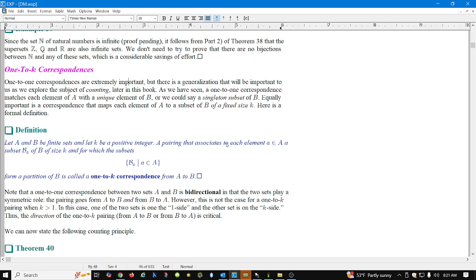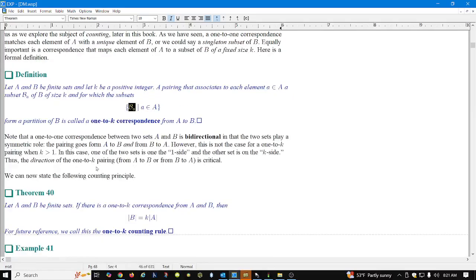A pairing that associates to each element, little a, in the set capital A, a subset, script B sub a, of B of size K, and for which the subsets together form a partition of B is called a 1-to-K correspondence from A to B. So this is partitioning the set B into blocks of the same size, each block being matched with an element of A. So you can think of it as the blocks of the partition are labeled by the elements of A.